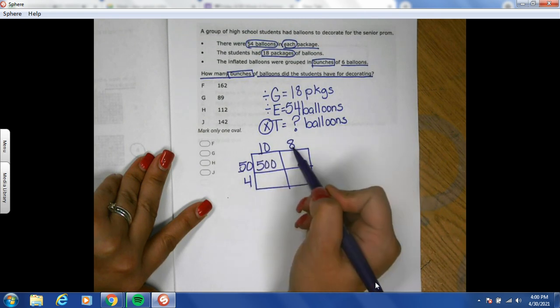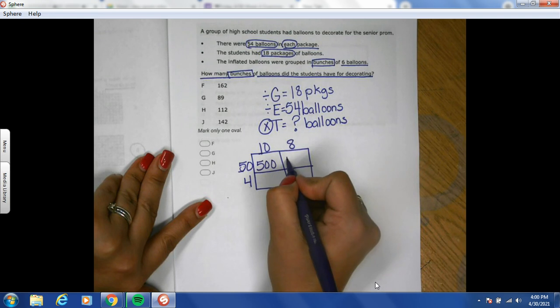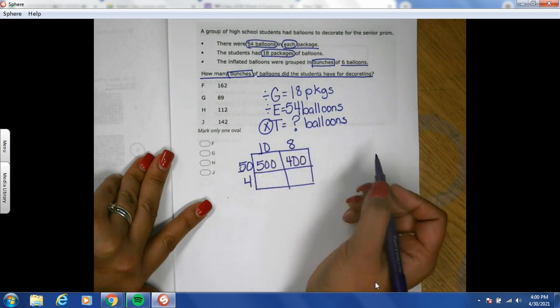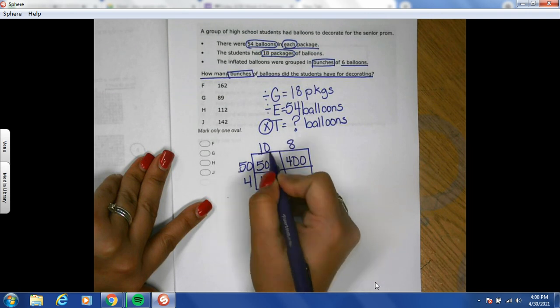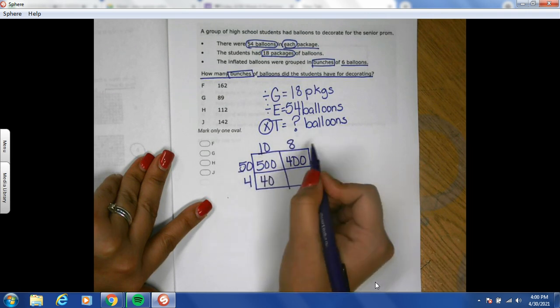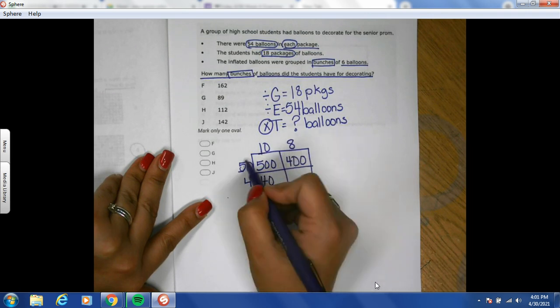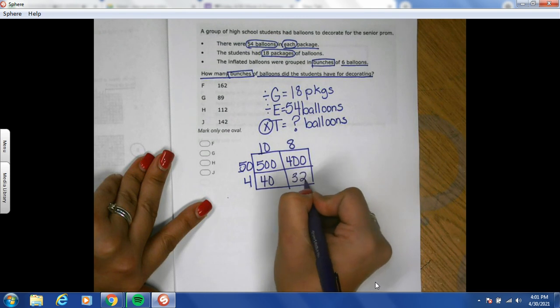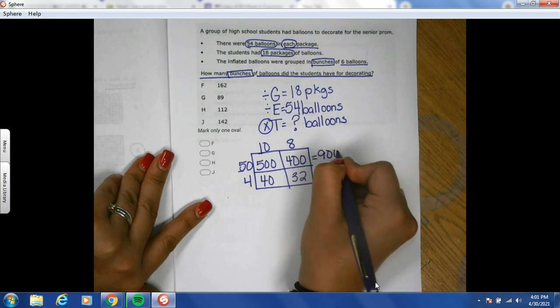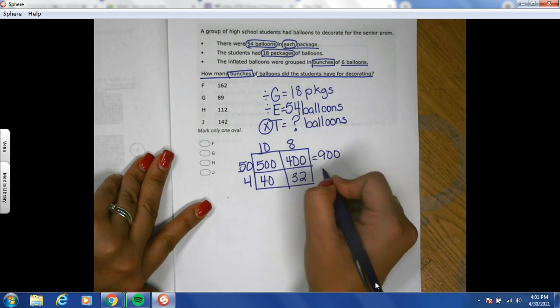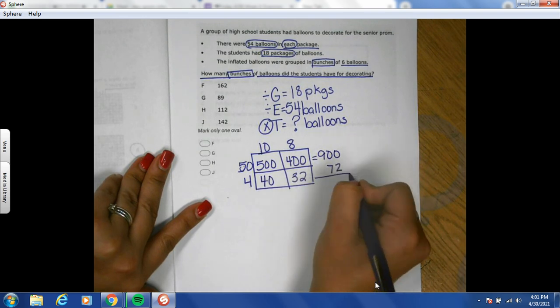Then I'm going to multiply the 8 times the 5, which is 40, and there's only 1 zero. Then I'm going to multiply 1 times 4. There's 1 zero. And then 4 times 8, or 8 times 4, is 32. All right, so I can add these. This equals 900 and these equal 72.